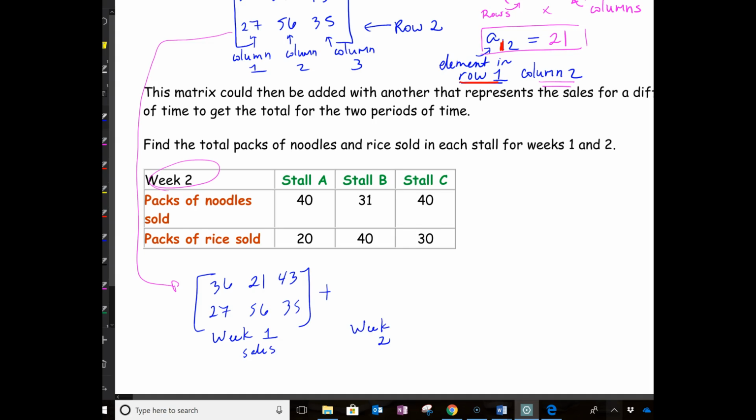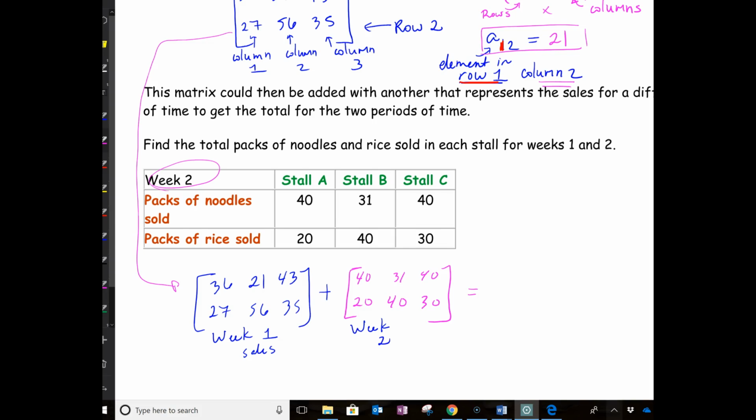Well, then we can take this information and organize it into a 2x3 matrix as well. So we would have a row of 40, 31, and 40, 20, 40, and 30. And now you guys can probably already predict how you would perform matrix addition.